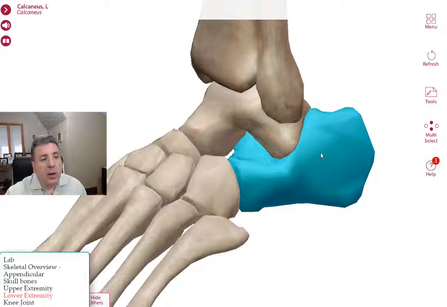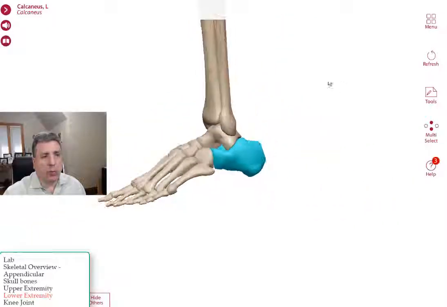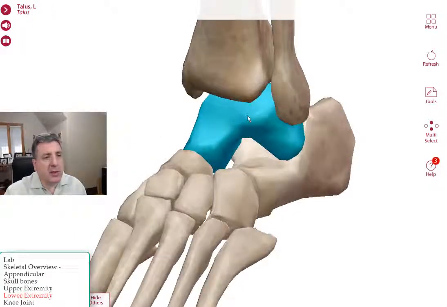So the calcaneus forms the heel. It's the largest bone, articulates with the talus and cuboid, and it is the attachment site for the Achilles tendon. Achilles tendon comes down here. Let me move out. So this is your calf muscle, forms the Achilles tendon, comes down and inserts in this area.